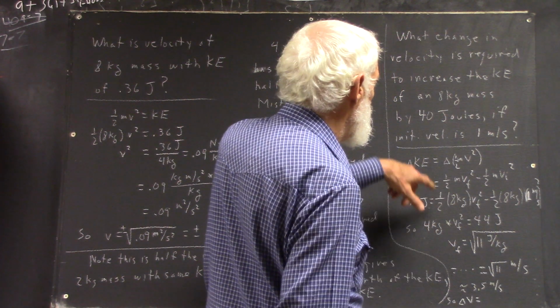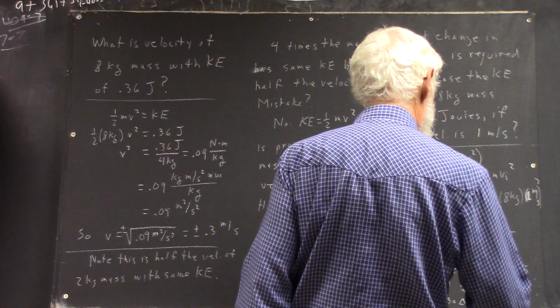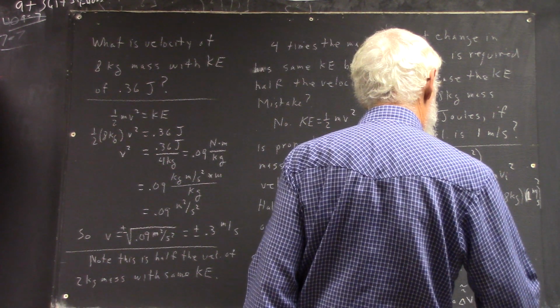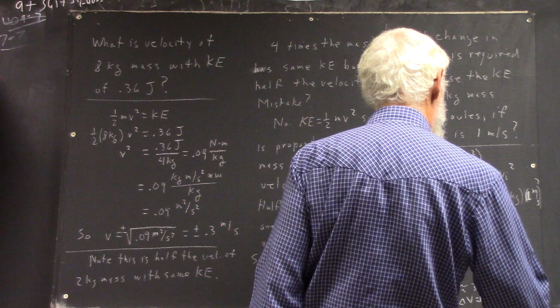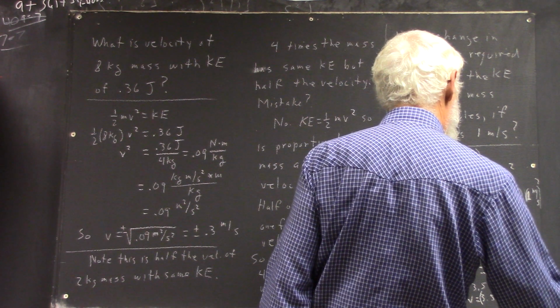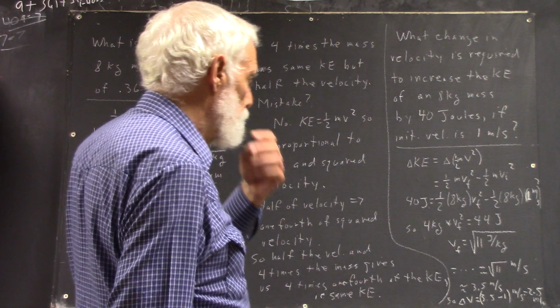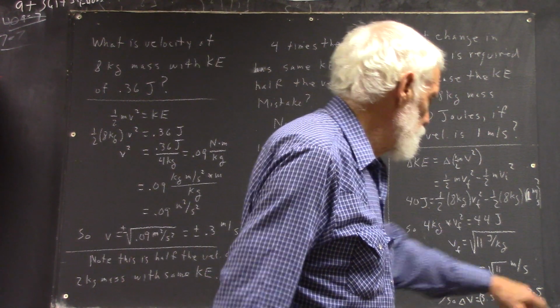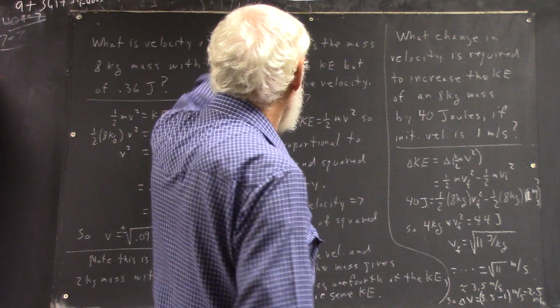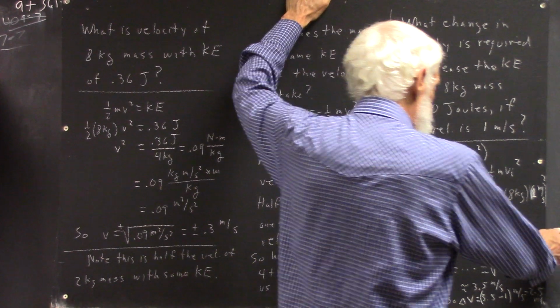Well, from 1 meter per second to 3.5 meters per second, we get 2.5 meters per second. Can't read that sloppy meter per second there, but I understand. Okay.